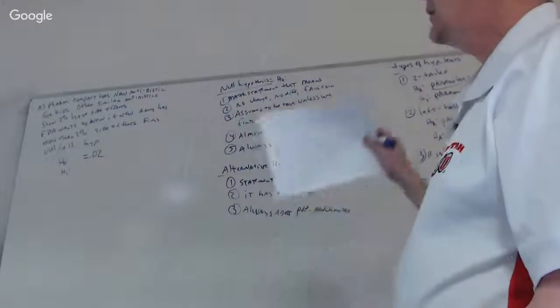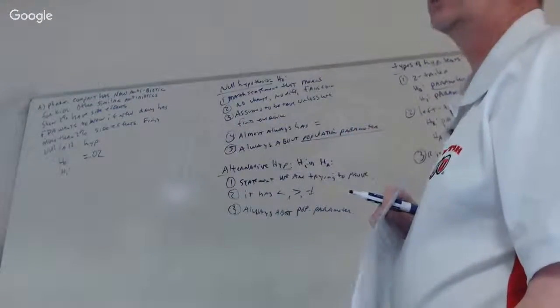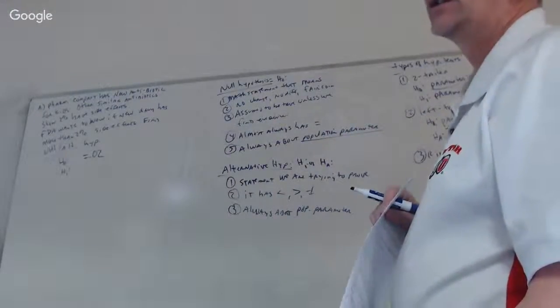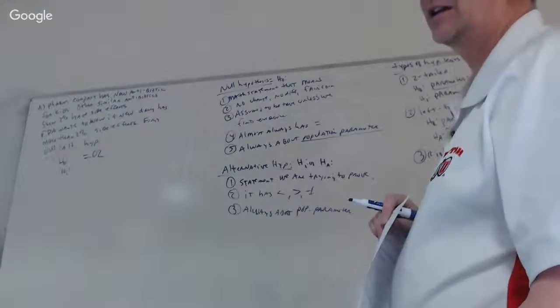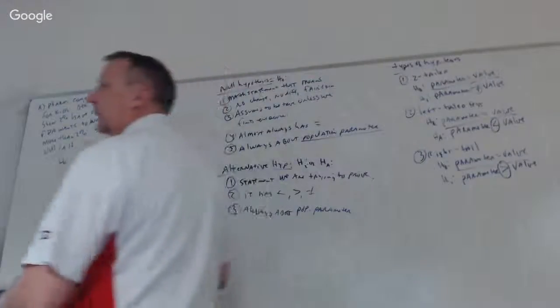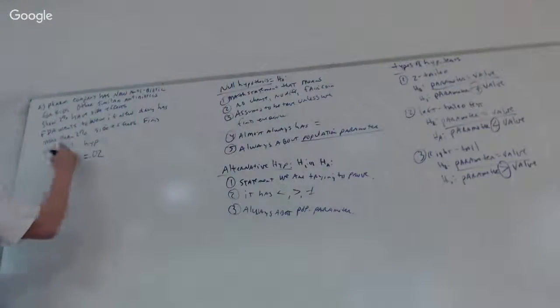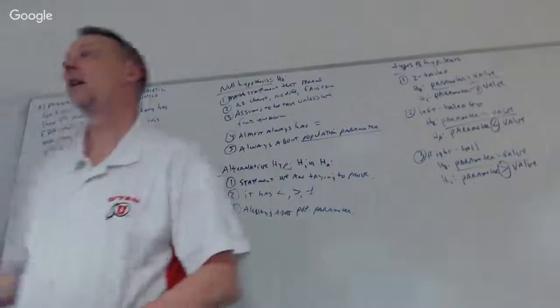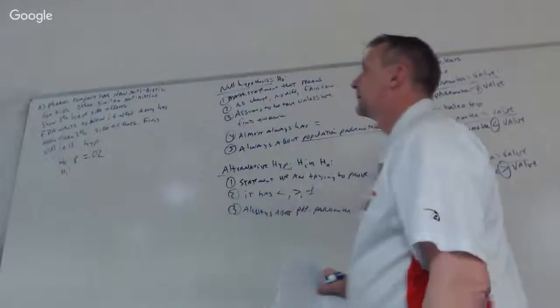Okay? I want to write a letter equals 2%. So what letter should I pick? P? Why did you pick P? Because P always represents the population proportion. Okay? Does that make sense?